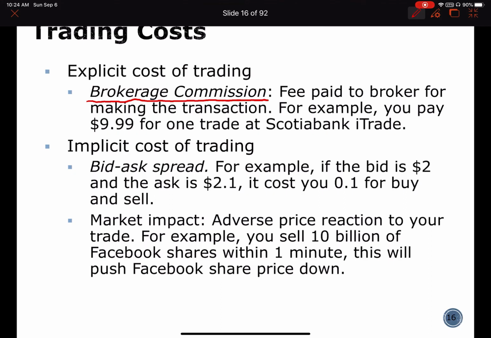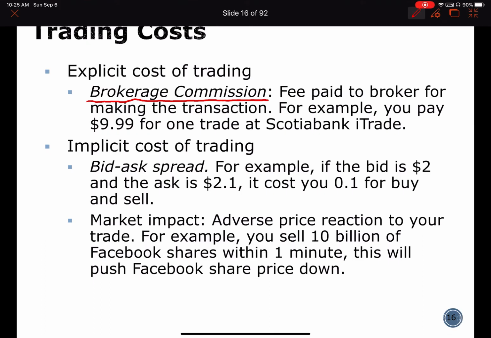Well, it's easy. Think about it. Let's say the bid price is 2 and the ask price is 2.1. Let's say you want to do a round trip trading. That is, you want to buy and sell. Now, if you buy and sell at the same time, if you make your purchase, you have to pay a price of 2.1. Then, if you wanted to sell, you can only sell at a lower price of 2, right?